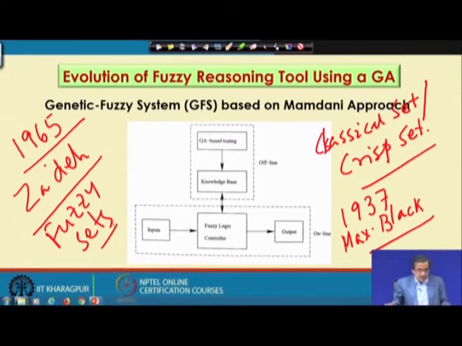Fuzzy sets are actually sets with imprecise boundary. So, there is no fixed boundary in a fuzzy set.